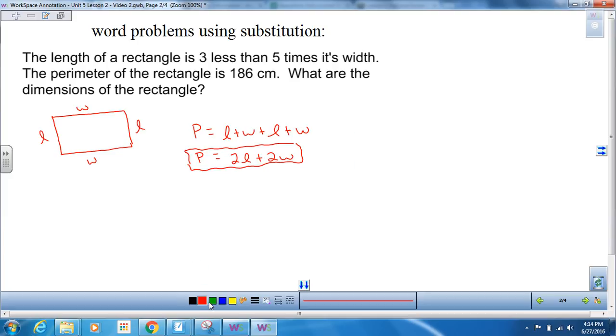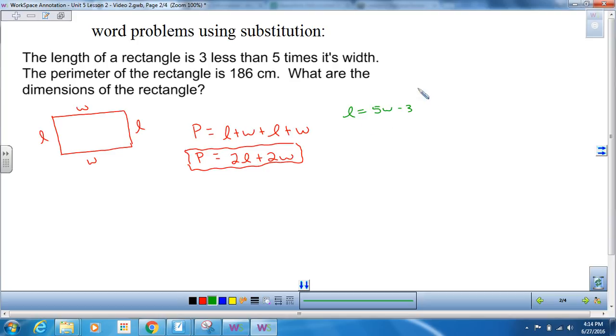First of all, I have the length of a rectangle is. So when you see the word is, that's an equal sign. So the length is three less than 5 times its width. So we first have to do 5 times its width, and then we want 3 less than that.